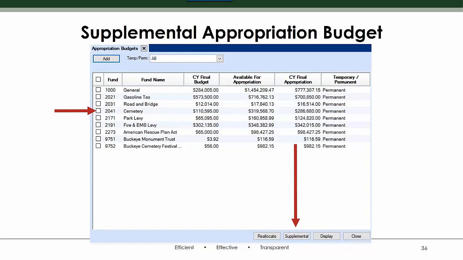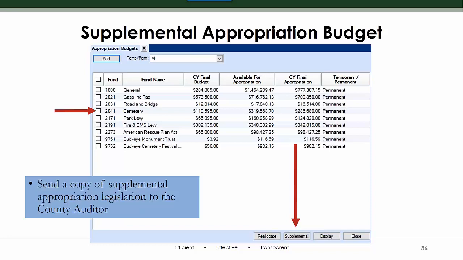So I'm going to go to Accounting Maintenance Appropriation Budgets, check mark the cemetery fund, and click Supplemental because this is changing the total appropriations, but still within my resources available on my amended certificate. You've got to send a copy of the legislation adopted by the governing board to the county auditor. So it would look like this, and I don't have 16 sample letters, I just have the basics.